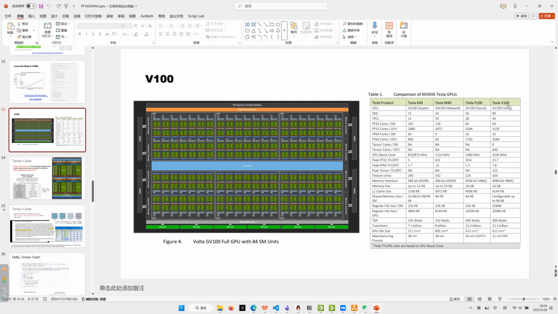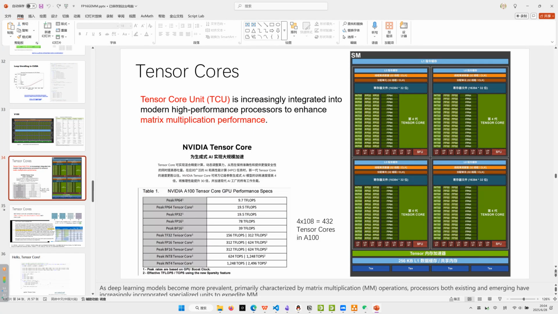Here we can see Tesla V100 with 80 SMs, that is 80 blocks. Inside of each, everything is FP32. That is okay, since in the computation, FP16 will be computed using these cores. And you can also see there are tensor cores inside the Tesla V100.